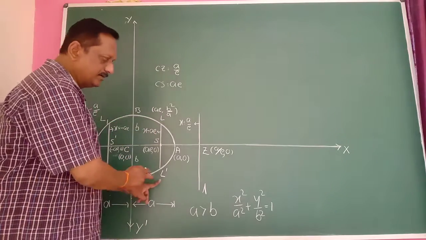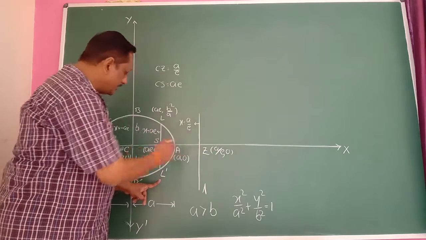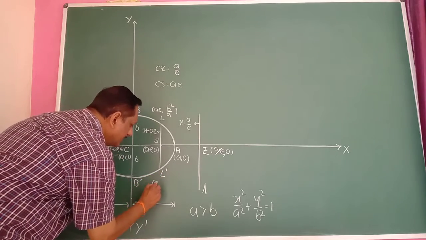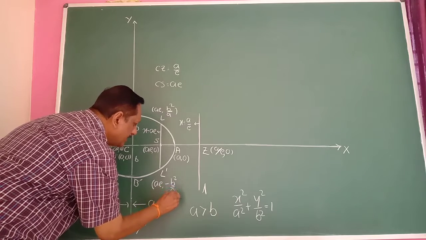This is in the fourth quadrant, where x is positive and y negative. So the coordinate of L dash becomes (ae, minus b square by a).